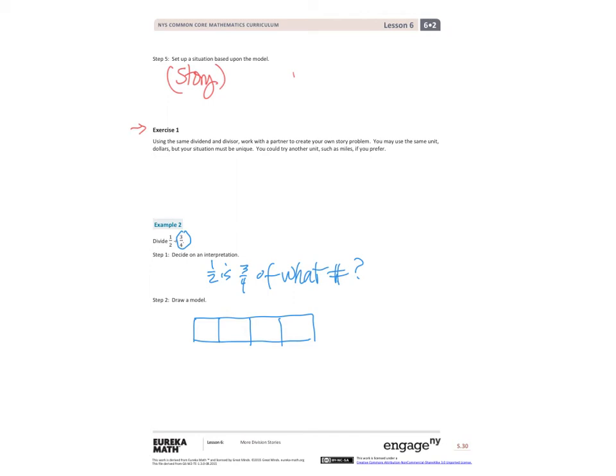So they're telling me that this is 1/2. So we don't know what this total is. But I know 1/2 is 3/4.